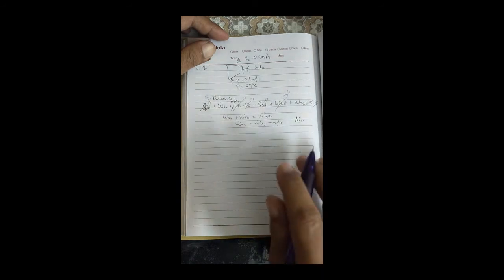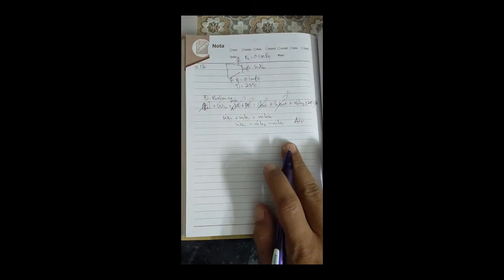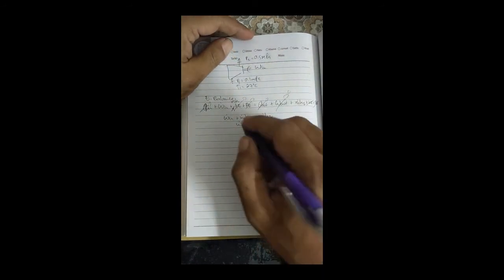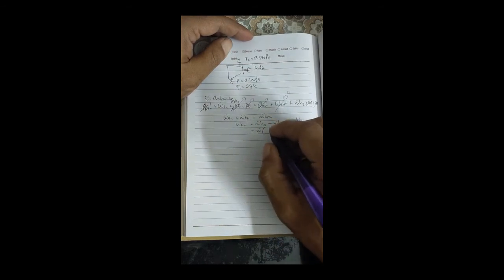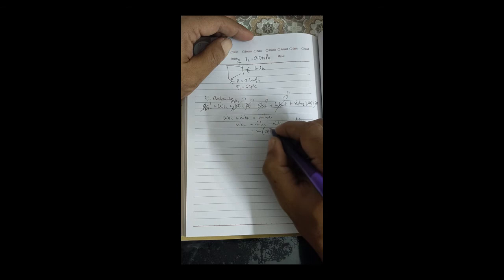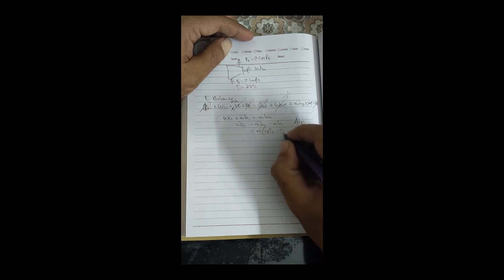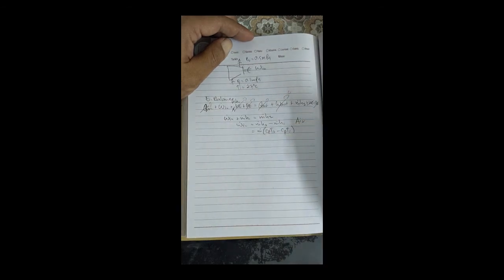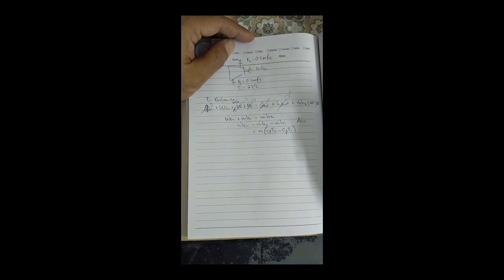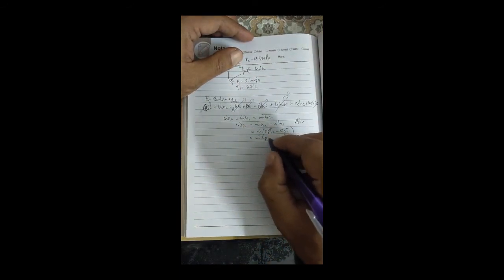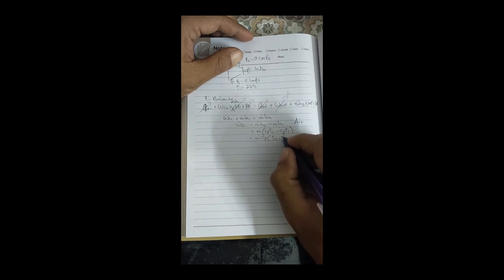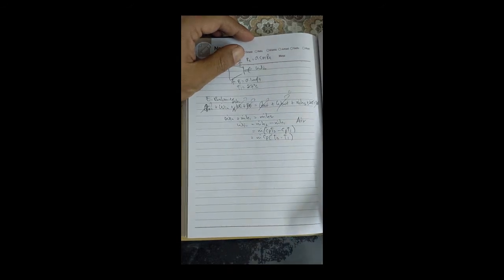So the enthalpy of air is m dot Cp T2 minus Cp T1. Taking out the common terms, we have m dot Cp (T2 minus T1).